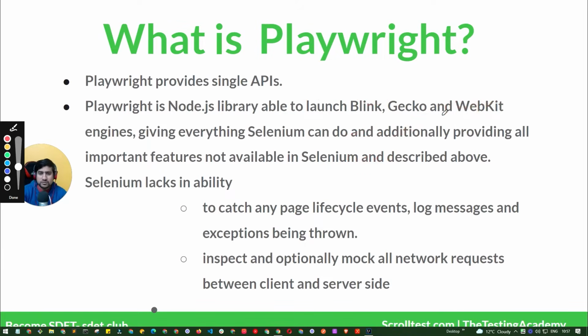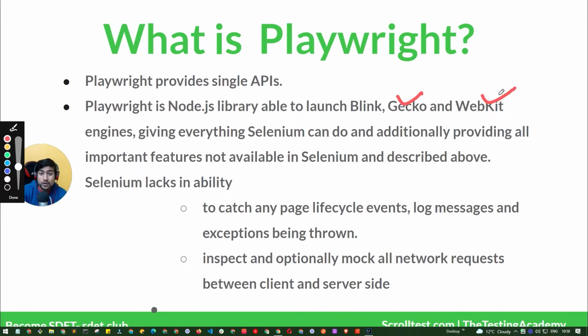If you don't know about Puppeteer, that's fine. The same team has created Playwright, and it is now acquired by Microsoft, which is really important. Instead of only Blink, which is Chromium, they have created the same product for Gecko, which is Firefox, as well as Safari.